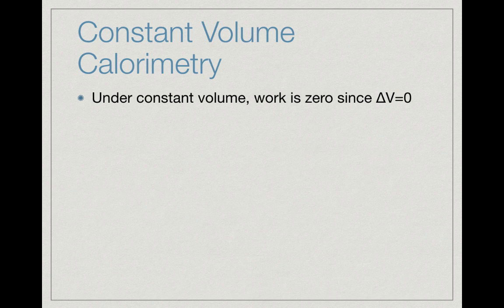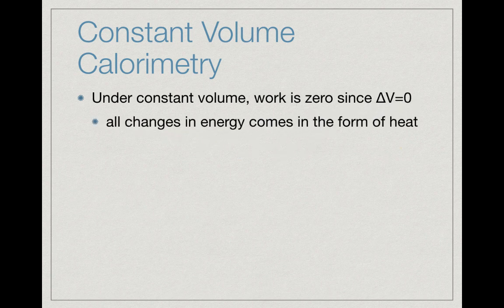Now we're doing constant volume calorimetry. Remember, we've got our work term P delta V, but work in that case would be 0 because delta V is 0, so P delta V is 0. And so as a result, all of the energy that is coming out of that reaction comes out in the form of heat.